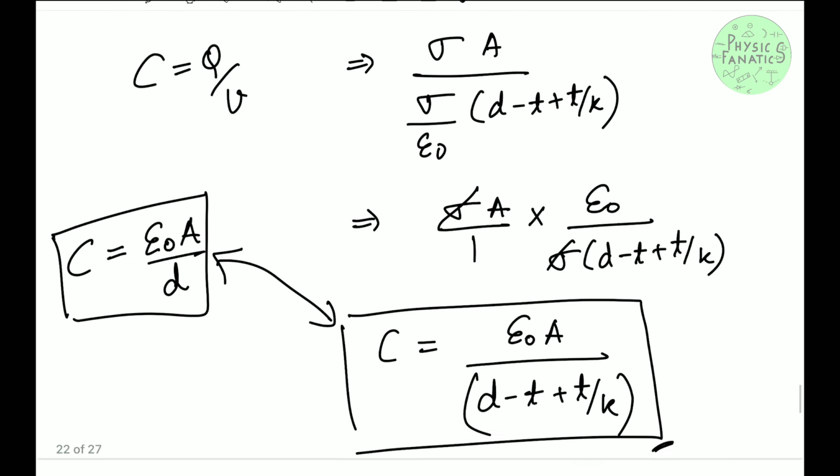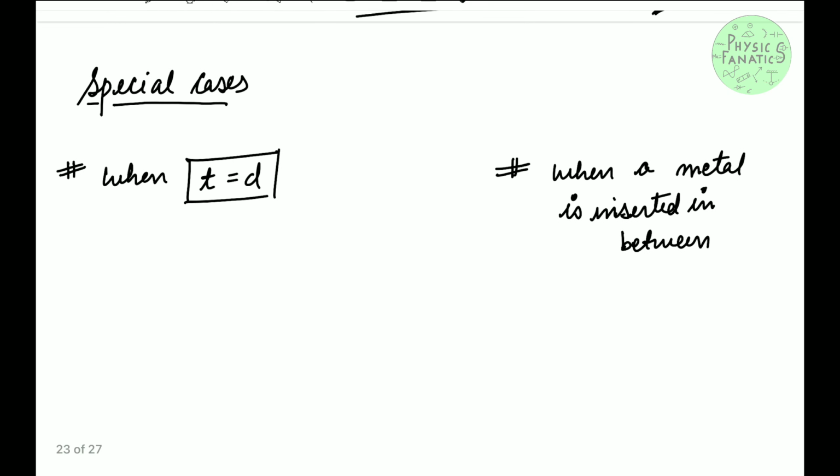Okay, if that is understandable, let's talk about some special cases here. Special cases, right? Now we'll talk about two cases here. The first case is when your thickness t is actually equal to d. That means my entire capacitor is filled with the dielectric of constant k. At that time, what happened to the capacitance of my capacitor?